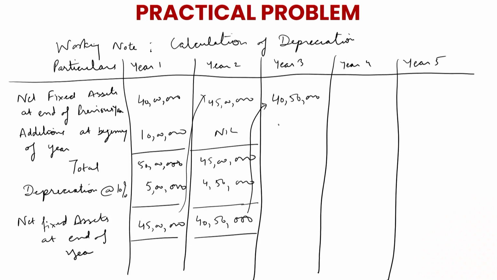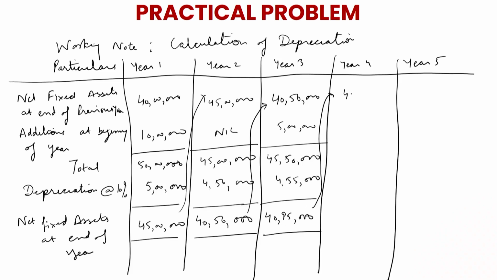Addition given is 5 lakh rupees, so we reach the figure of 45 lakh 50,000. Charging 10% depreciation is 4 lakh 55,000. We got the balancing figure of 40 lakh 95,000.